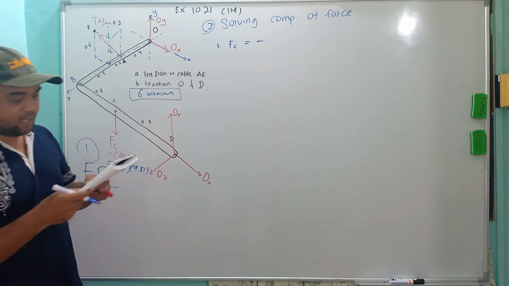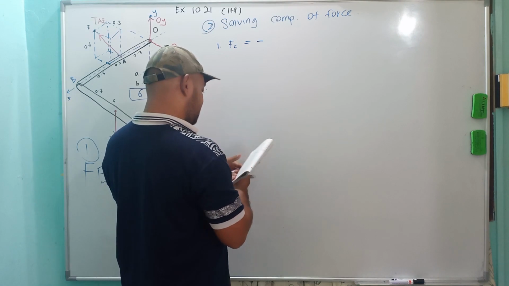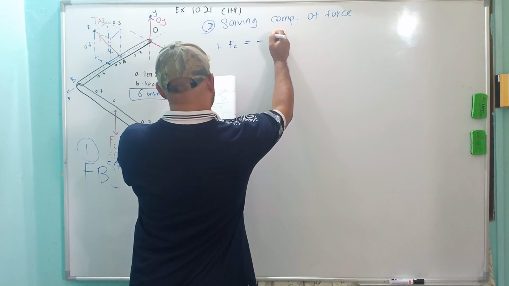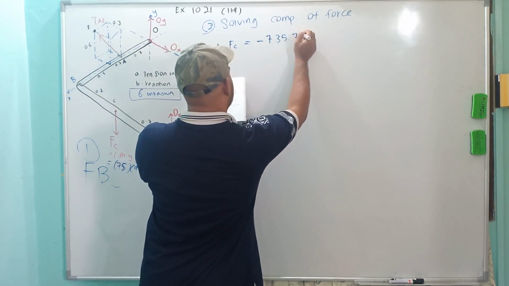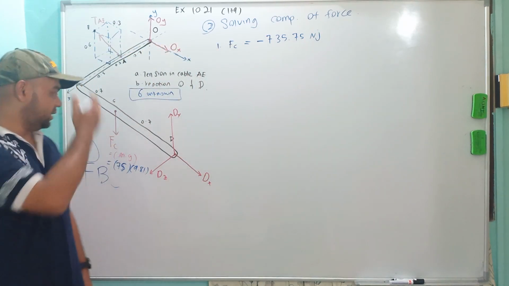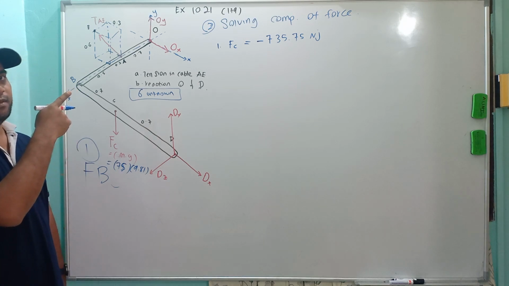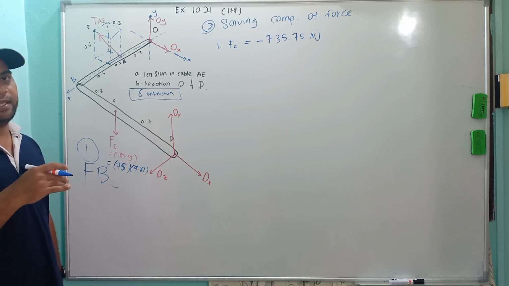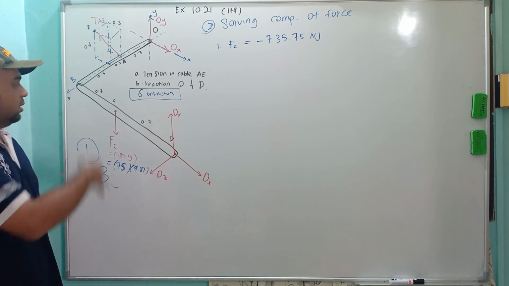From my calculation, FC will be negative 735.75 Newton j, because it is in the Y direction and going downward will be negative. It is actually a 1D force in a 3D plane. There's nothing on X and on Z, only in the Y direction.